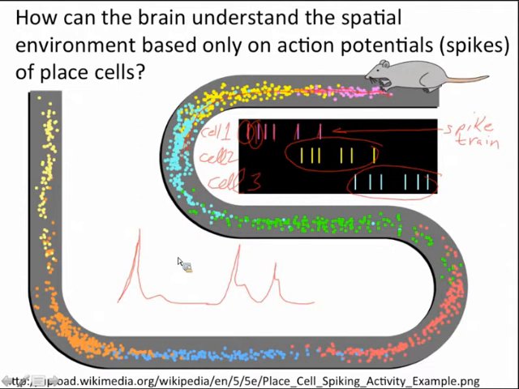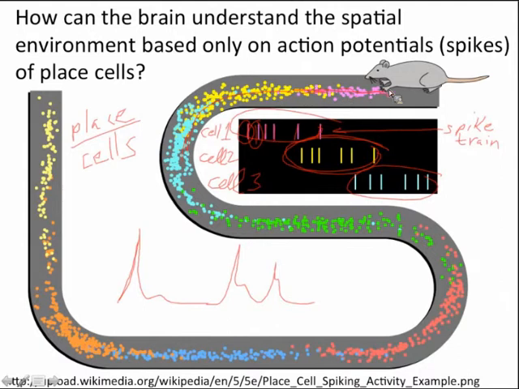Notice we can detect the topology of the maze because cell 1 and cell 2 overlap in terms of their firing. One of the things that these place cells, these neurons, do, the reason they're called place cells, is because they fire when you're in a particular place.